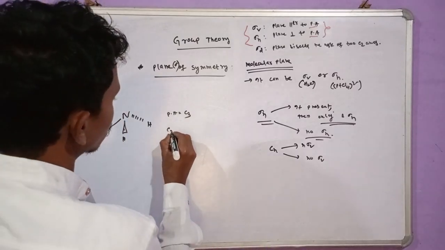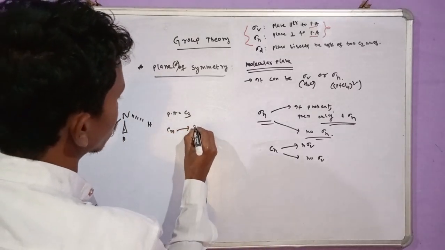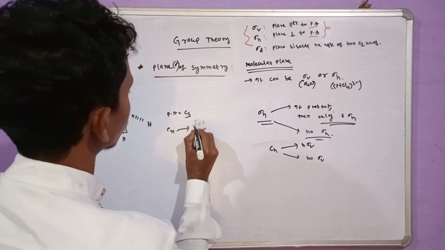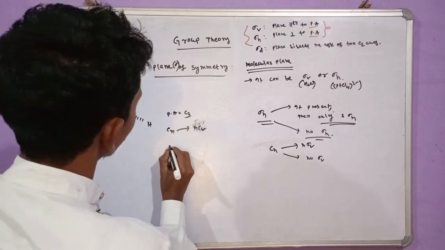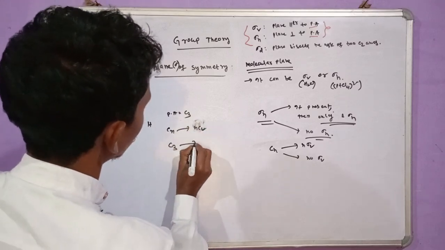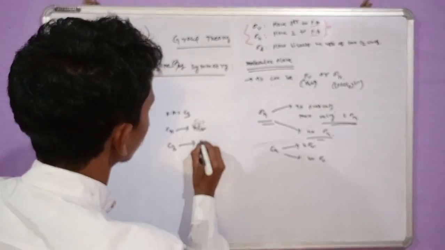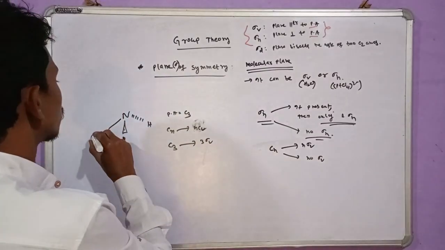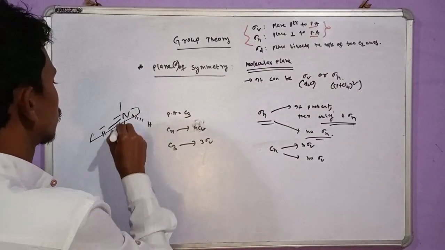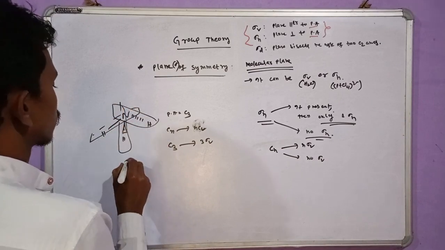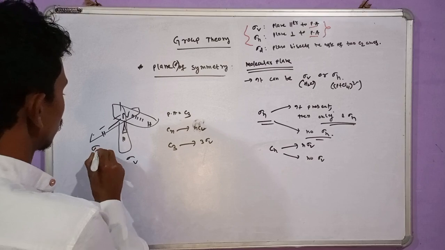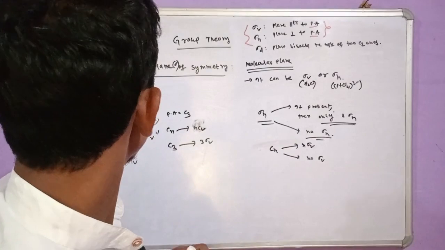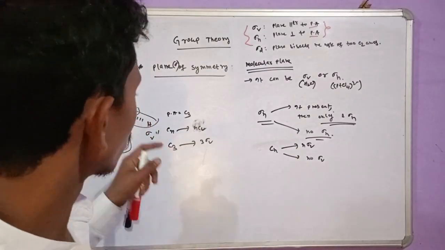Then you know that for Cn, if you get one sigma v, then we get n sigma v. Here the principal axis is C3, so if we get one sigma v, there must be 3 sigma v. One is like this, another like this, another like this: sigma v, sigma v dash, sigma v double dash. So 3 sigma v are present in the case of ammonia.